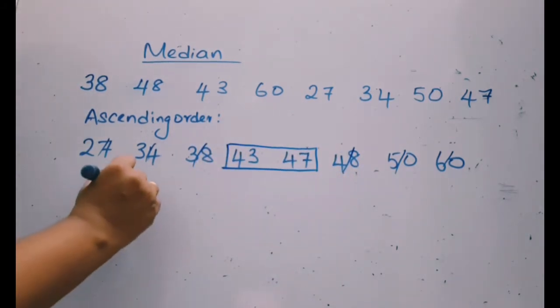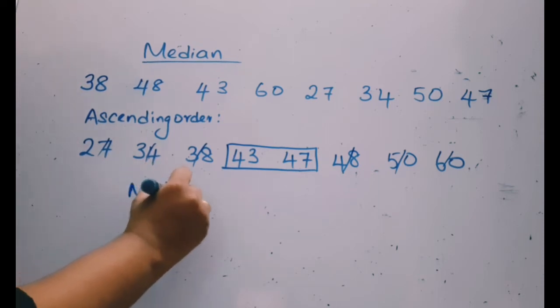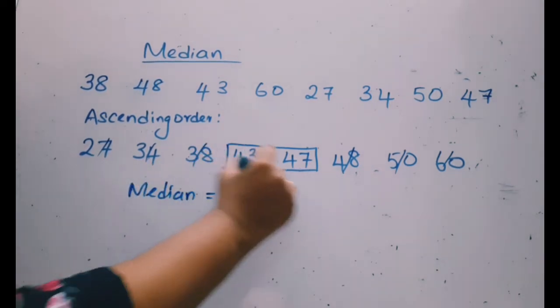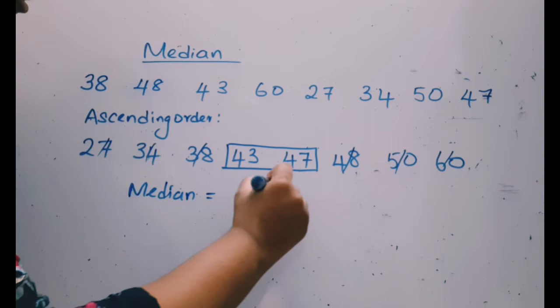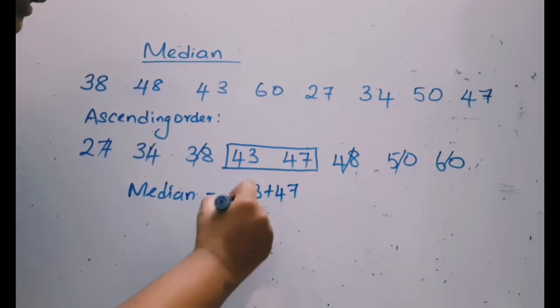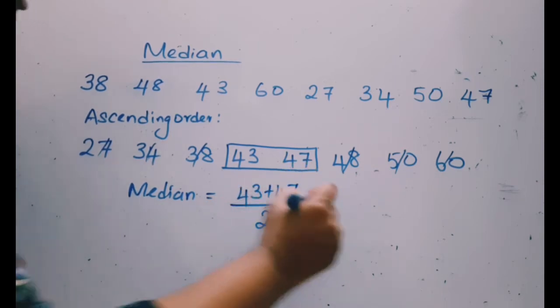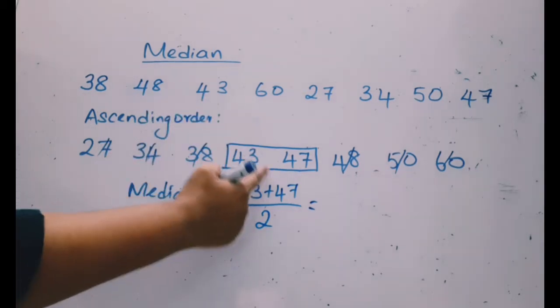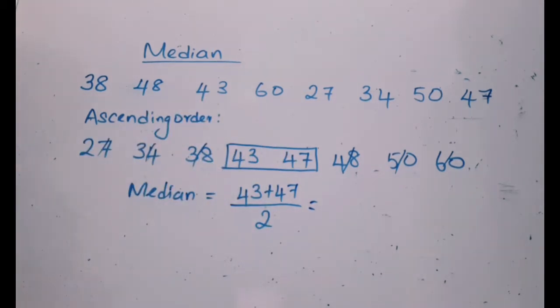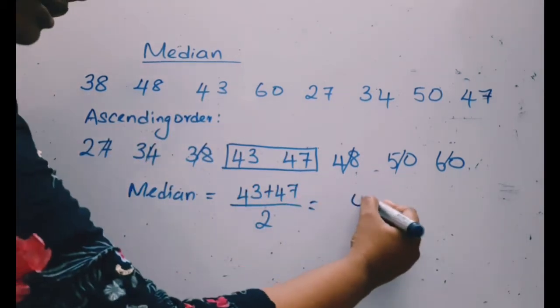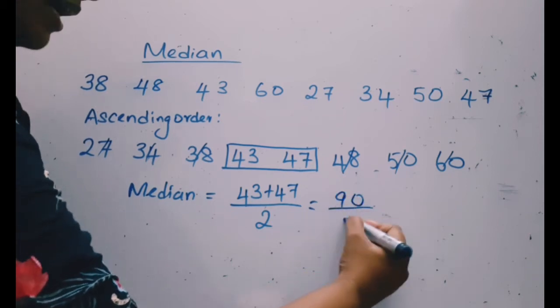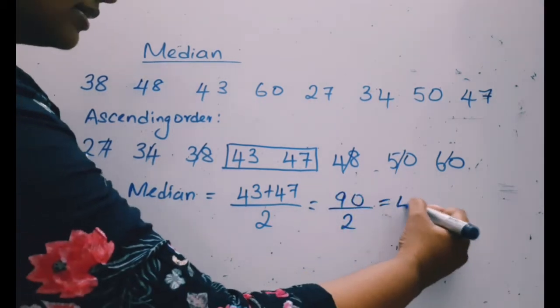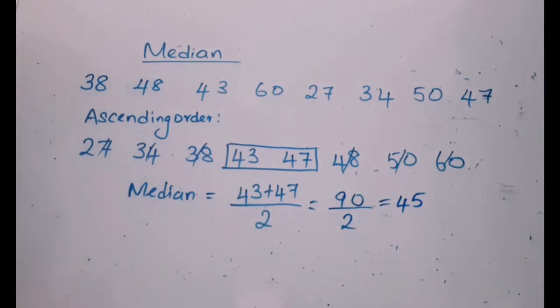So in this case, in order to find the median, you should add both the values and then divide it by 2 in order to find the mid value of these 2 numbers. So let's add these 2. It's 90 divided by 2. So the answer is 45. So the median of this collection of data is 45.